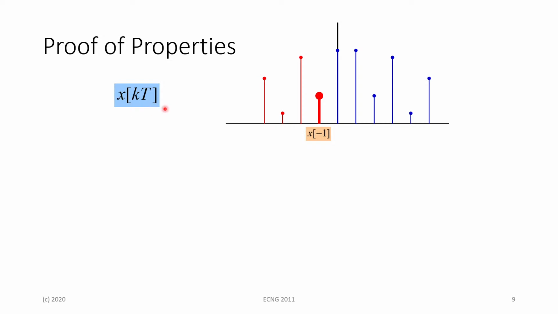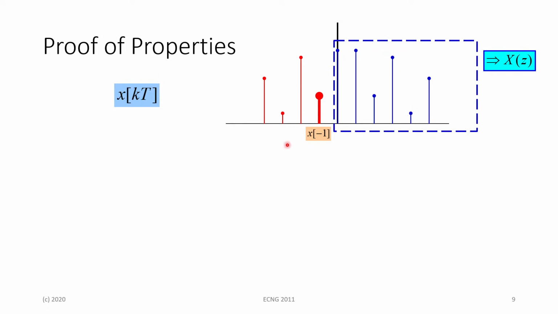So we have our x of kT signal here represented by our graph. If we did the x of z transform, we know that because we're doing the one-sided Z transform, the x of z only maps to the positive part of this graph, meaning that we only observe from x of 0 all the way up to x of n or x of infinity.